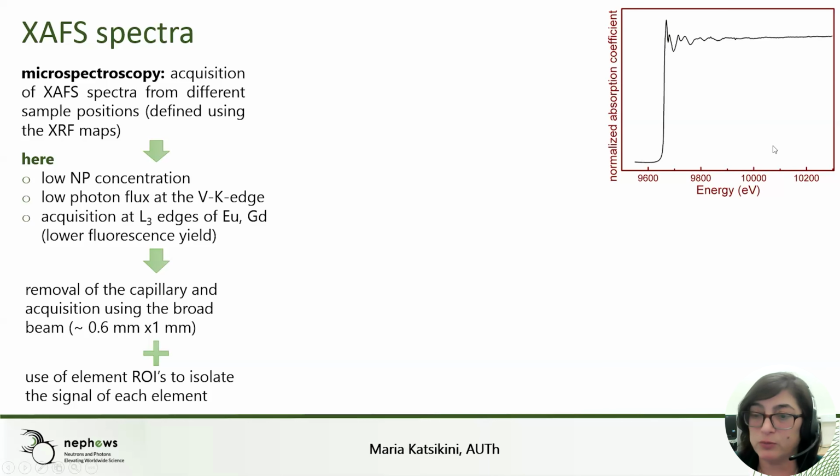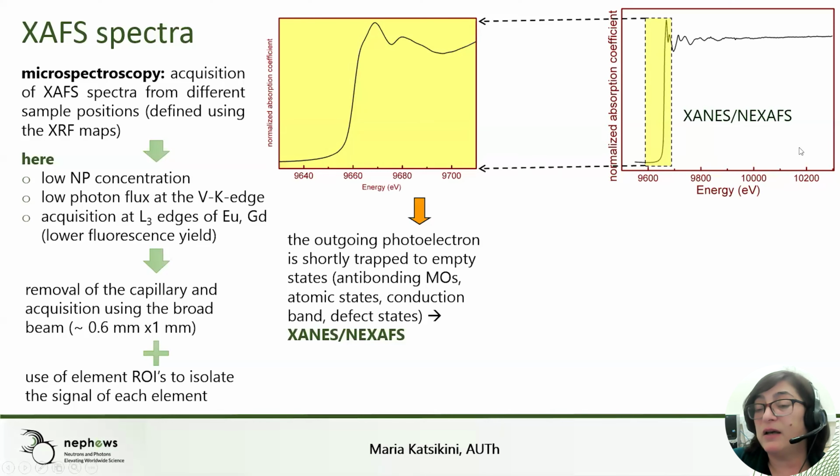So the XAFS spectrum is shown here, and this spectrum is divided in two parts. The part which is close to the absorption edge is called XANES, the near edge structure. In this case, the outgoing photoelectron has low kinetic energy and it is shortly trapped in empty states like antibonding molecular orbitals or atomic states.